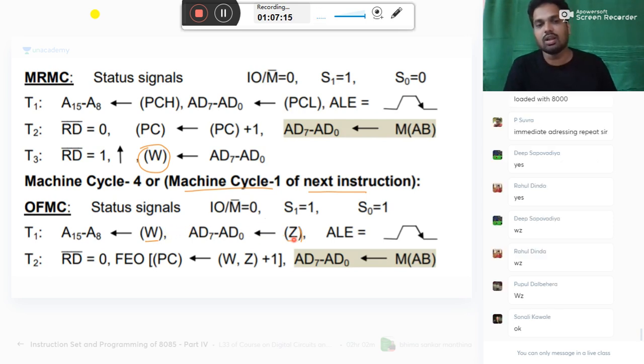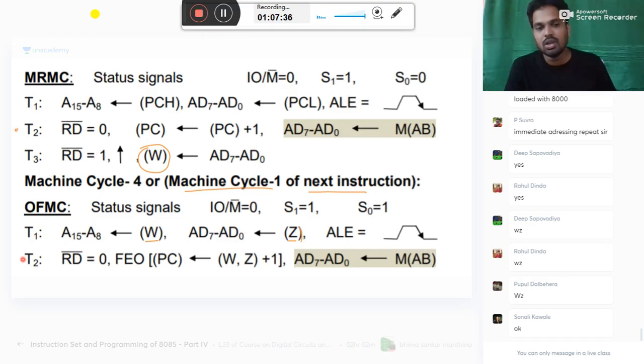Because it is a waste of time to store this first in WZ, then give it to PC, and PC to the address bus. It will waste CPU time, and CPU time is very important for us. So directly give WZ to the address bus itself. Then in the second T state, PC is generally incremented by 1 in the second T state of any machine cycle.